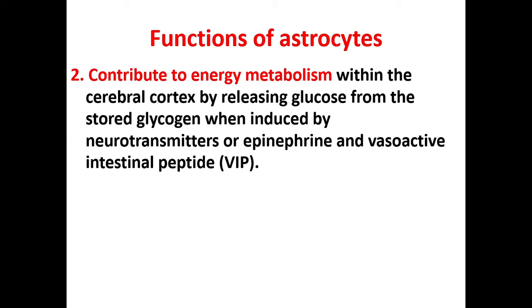Within the cerebral cortex, or within the surface of the cerebrum, they release glucose from the stored glycogen when induced by neurotransmitter or induced by epinephrine and vasoactive intestinal peptide or VIP.